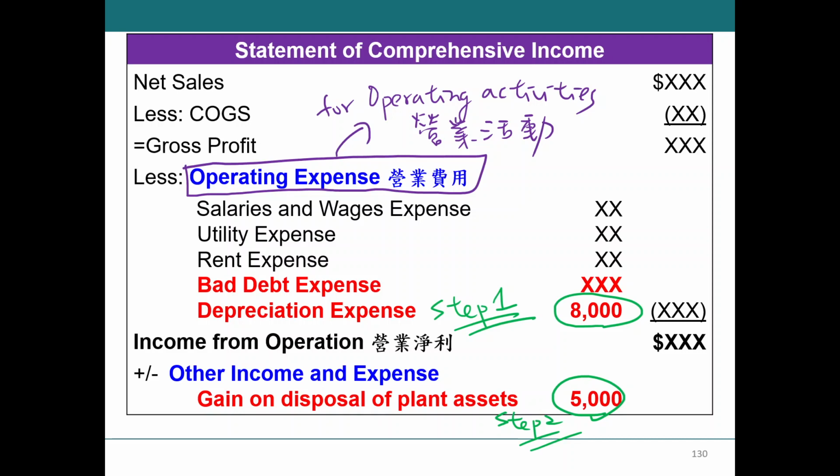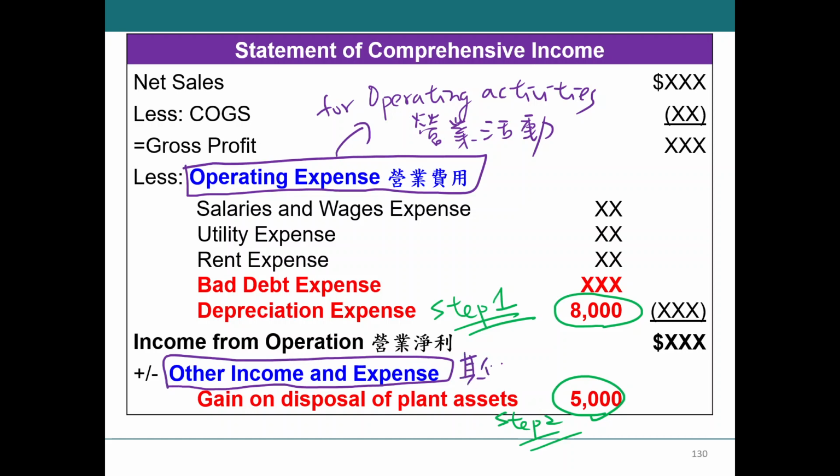Like your laptop, will you sell your laptop every day? No. So when you sell a laptop, PPE, it is not an operating activity. It's our investing activity. Any kind of activities for financing and investing, we put into this section, other income and expense.